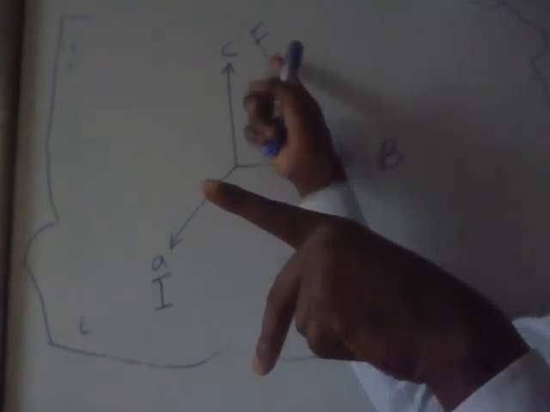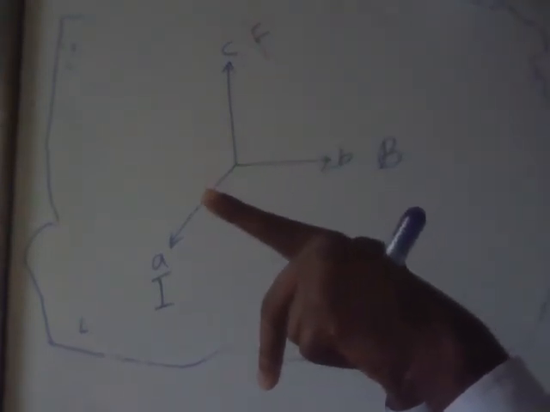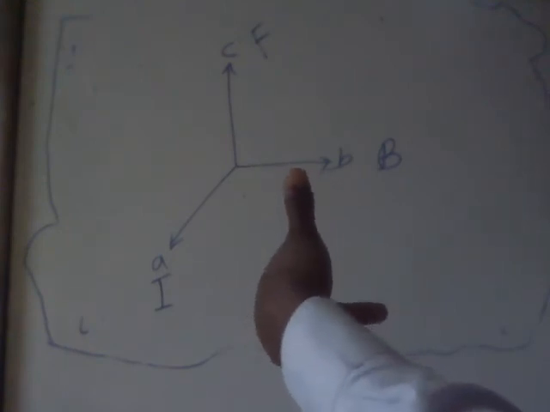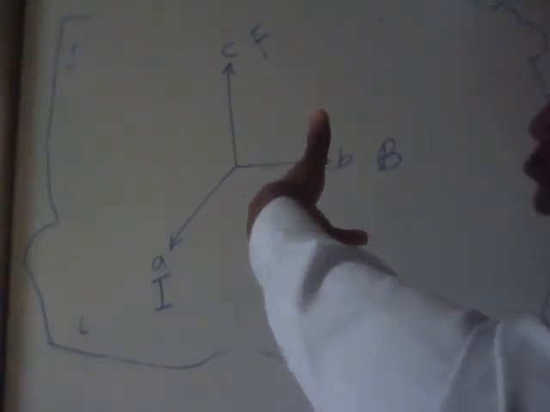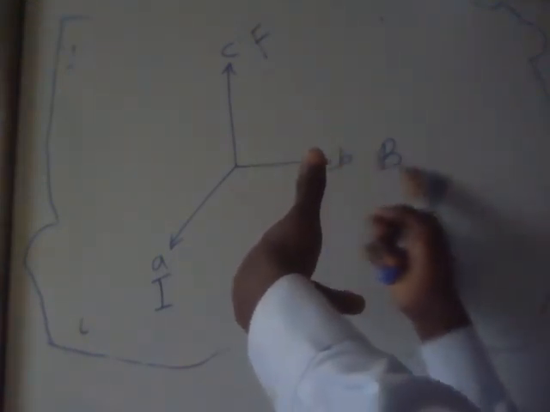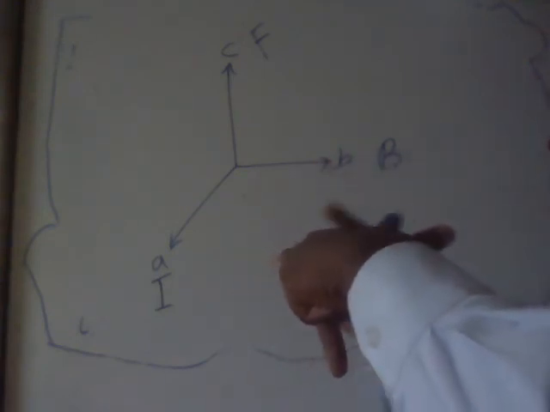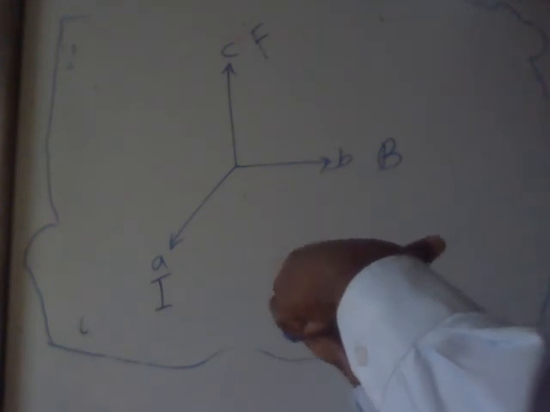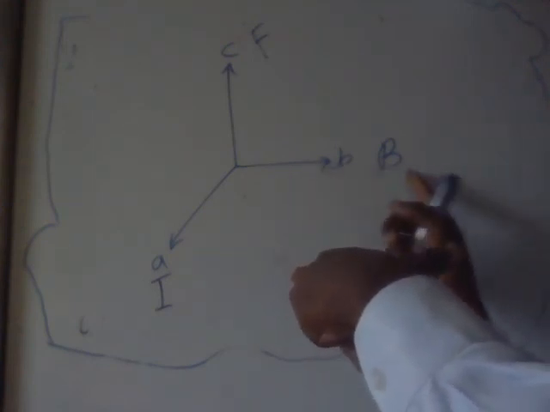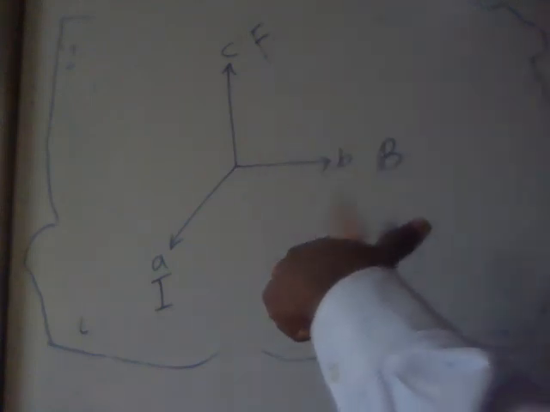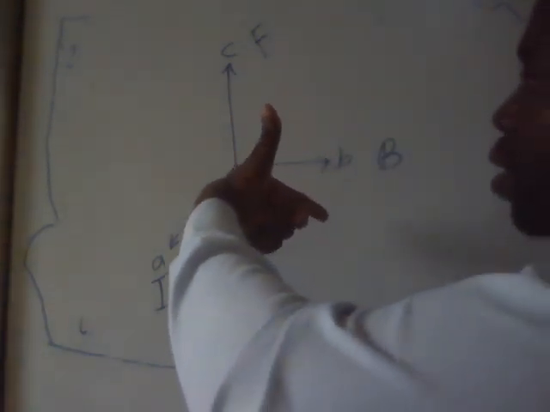The force is up, which is the thumb. Thumb is force, so take it up. Then the magnetic field is here, which is our forefinger. Your forefinger must point in the field direction, in B direction, while your thumb points upward. You position your hand like that.